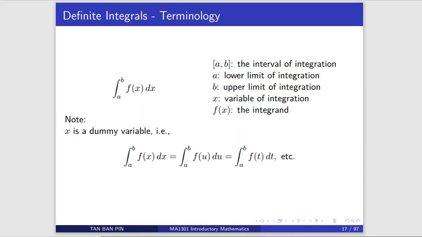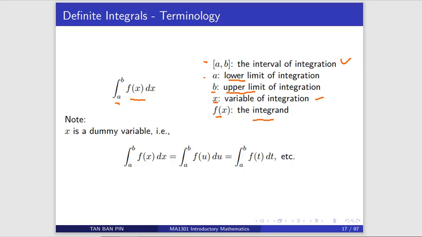We shall now look at some terminology of the definite integral. So if you integrate from a to b small f(x) dx, the interval of integration is from a to b. And a is called the lower limit of integration, b is the upper limit of integration, x is the variable of integration, and f(x) is the integrand.